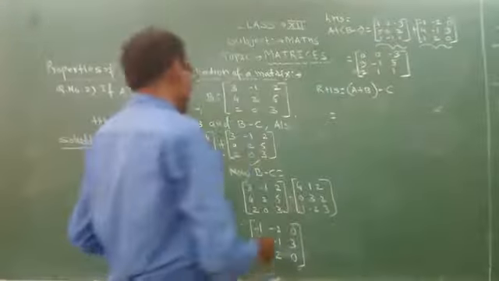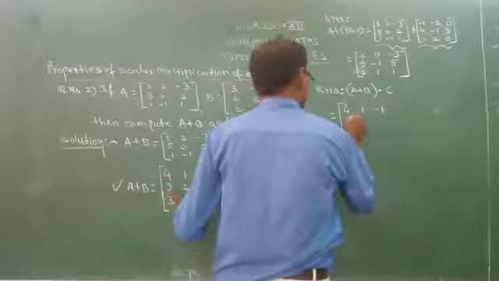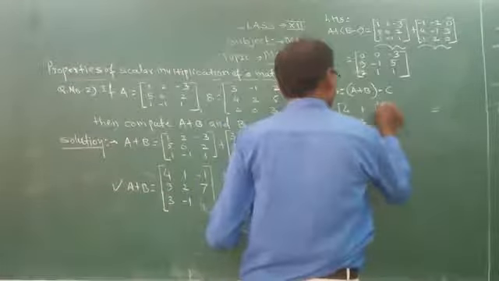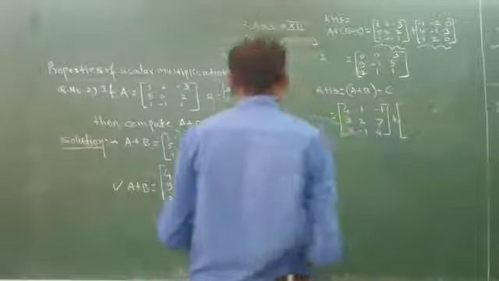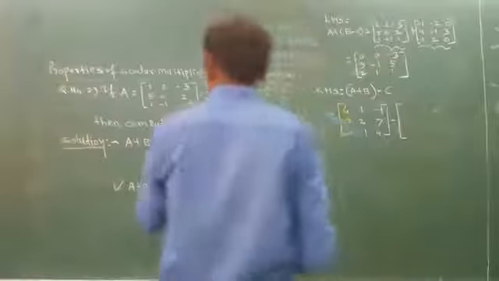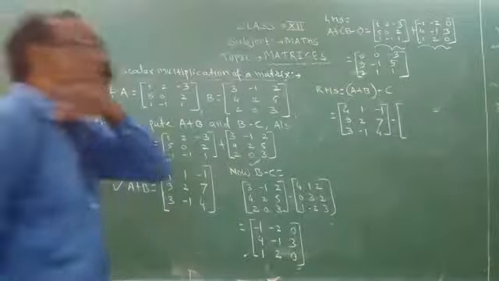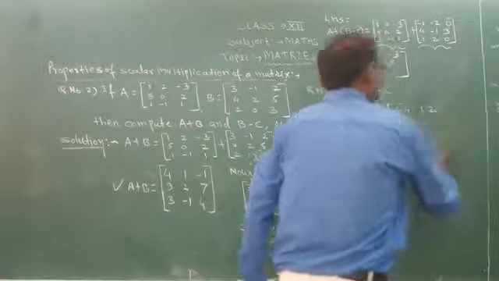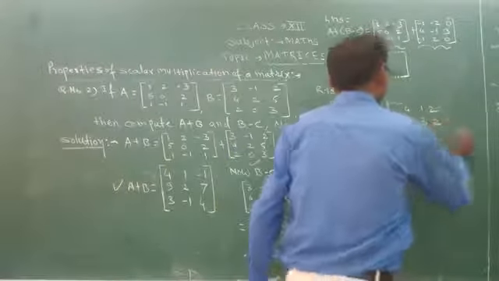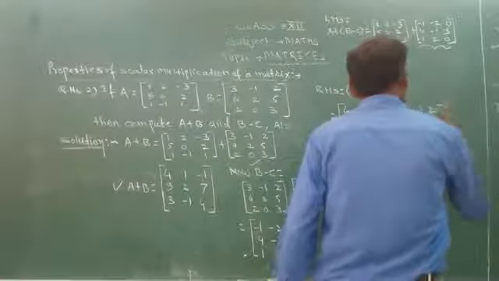A plus B is [4 1 -1; 9 2 7; 3 -1 4], then minus C. C is, I think, 4 1 2 in the first row, then 0 3 2, and then 1 minus 2, 3. This was our C.